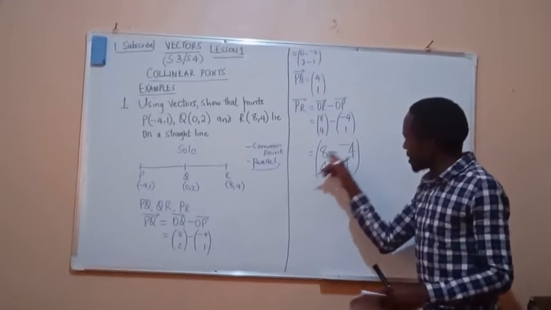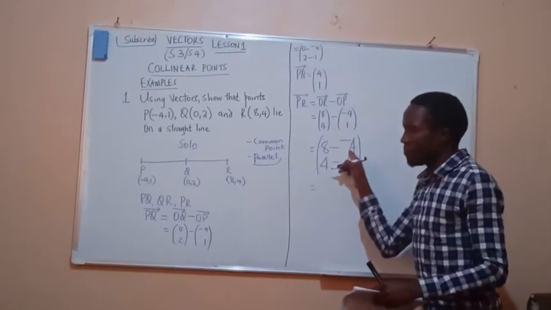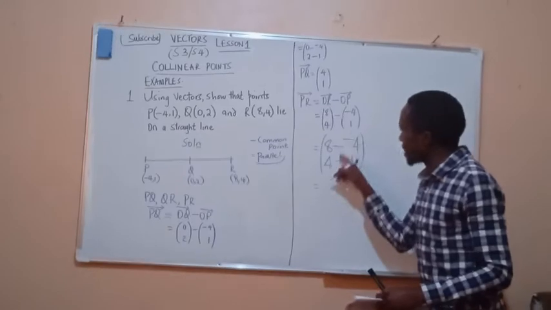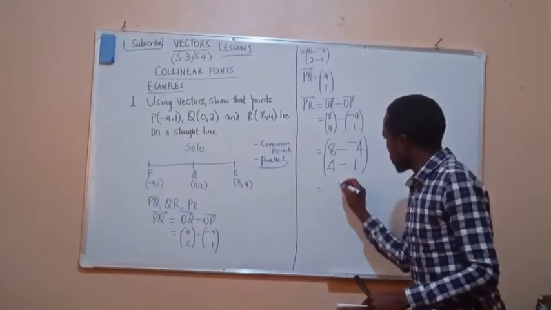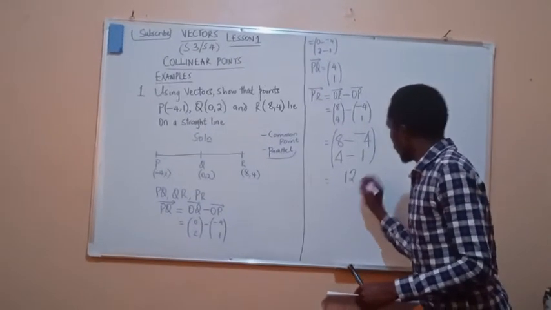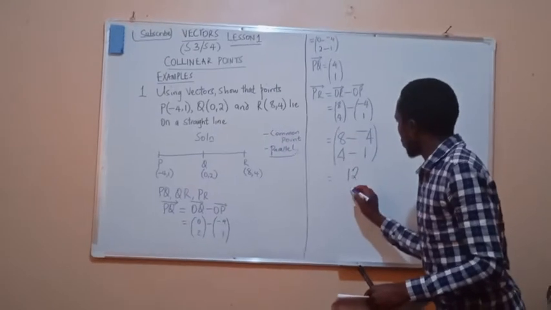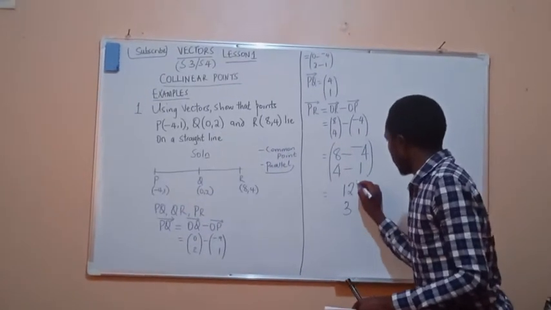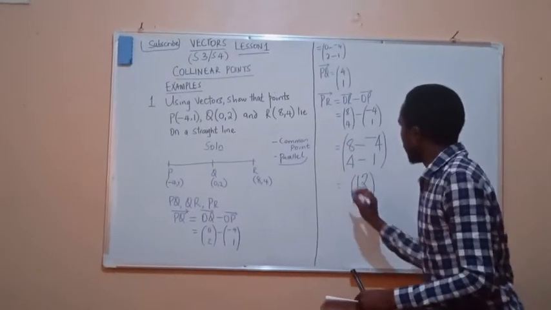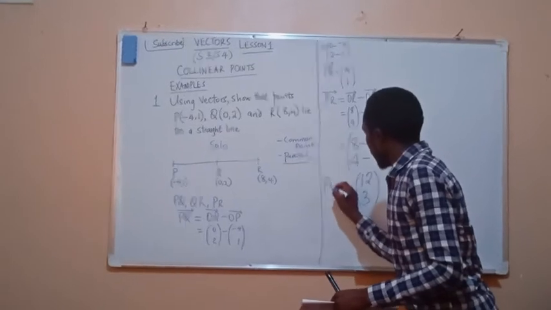If you have 8 minus negative 4, this will make it 8 plus 4. 8 plus 4 will give us 12, and 4 minus 1 will give us a 3. Now, you have gotten PR.